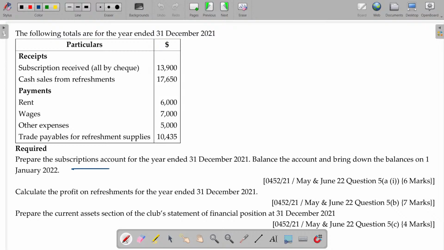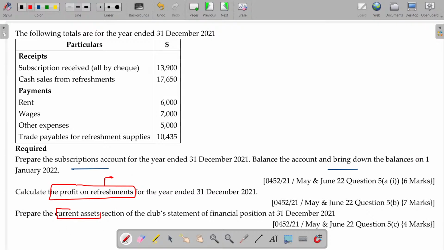Prepare the subscription account, balance the account and bring down the balances on 1st January. Very simple. The refreshment cafe resembles a business, so you have to prepare an income statement for this. Clear?